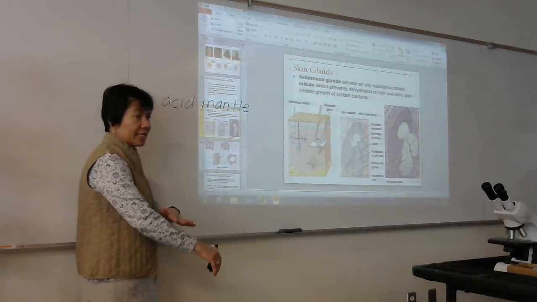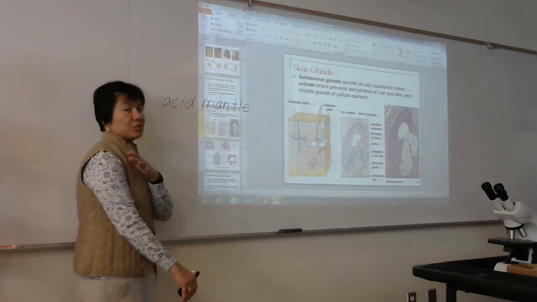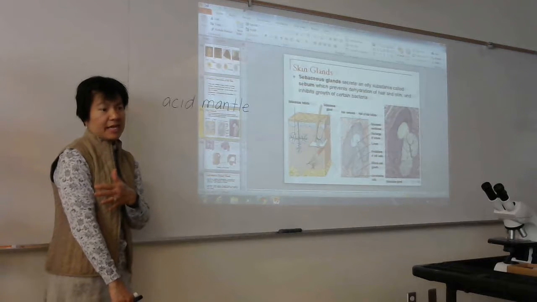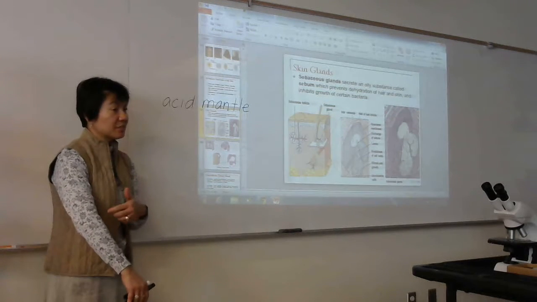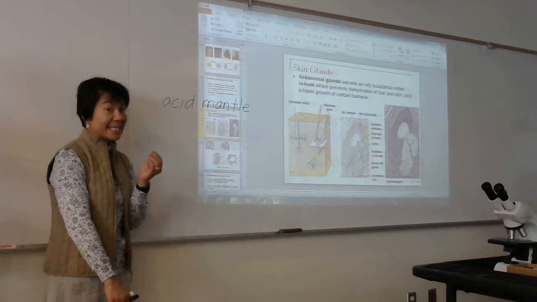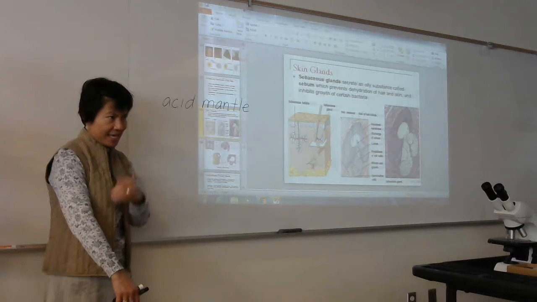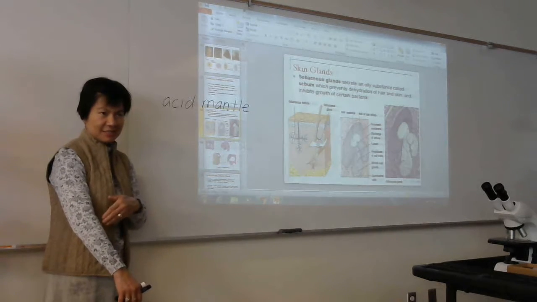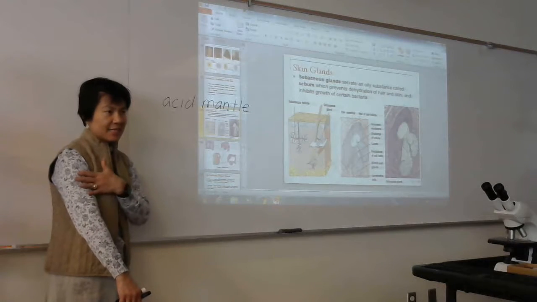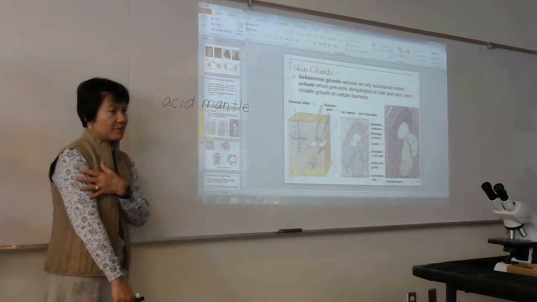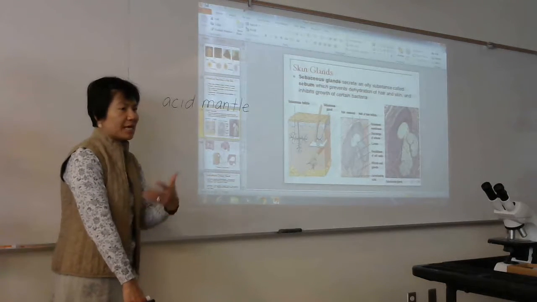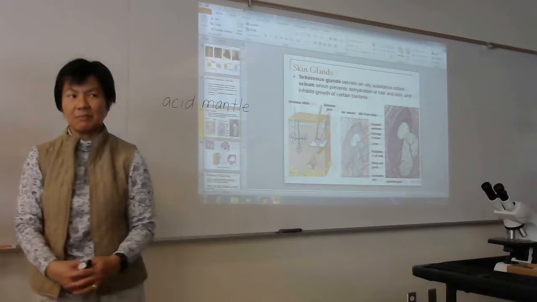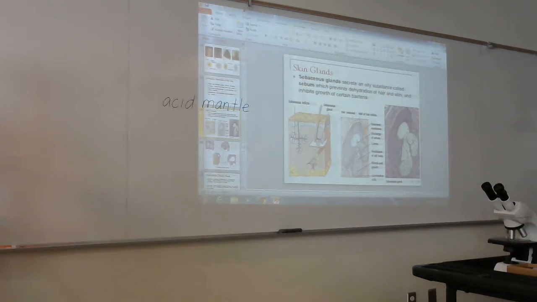And so they create an acidic covering, which is very effective in preventing that bacteria from having sneaky intentions, right? They may want to just invade you. So the acid at least prevents them from multiplying and causing possible harm. You understand? Okay? So that's our sebaceous gland.